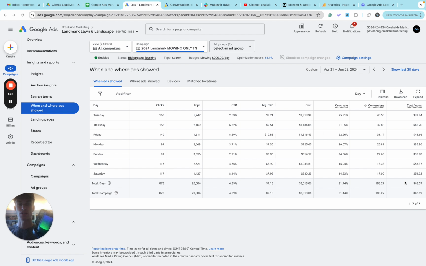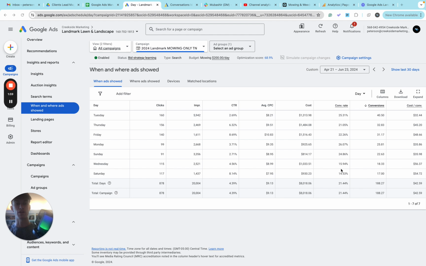In this campaign, we can see that we clearly have more than 20 conversions over the course of this 10-week span. So the first thing that we're going to be looking for are low conversion rates and high cost per conversions. Really what we're looking for is an obvious day or days that are not converting at a very high rate, or they have an extremely high cost per conversion. So something that we can see right off the bat is that the two lowest performing days are Wednesday and Saturday.